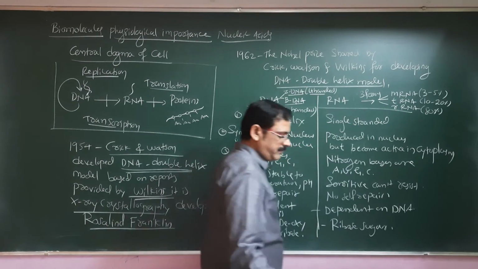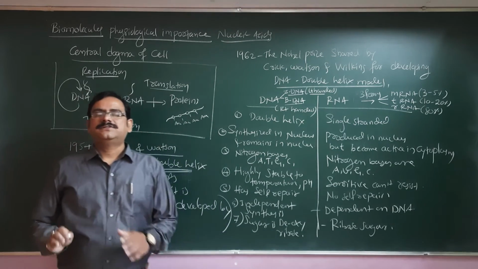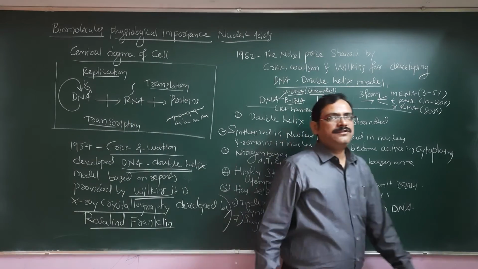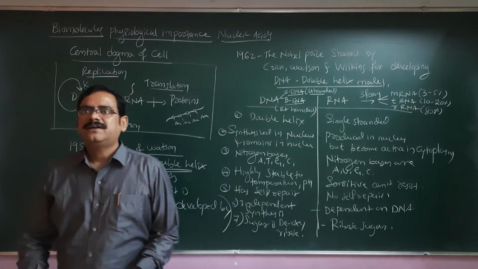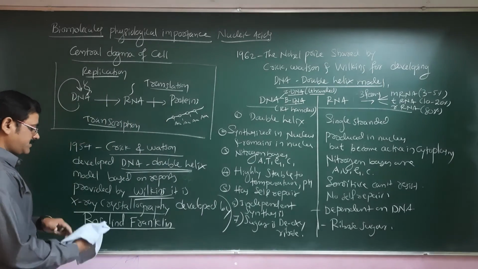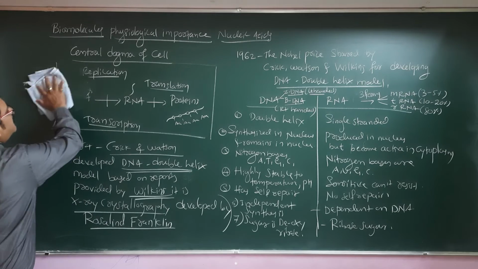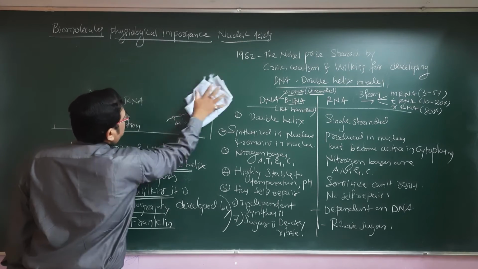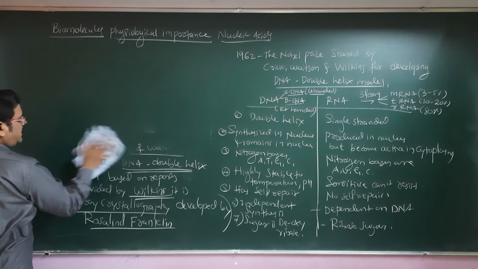Well, so let us go ahead, mainly regarding the structural details of the DNA. As we know, DNA has base pairs. DNA is a polymer of nucleotides. So, DNA being a polymer of nucleotides, let us understand how the nucleotides are arranged.